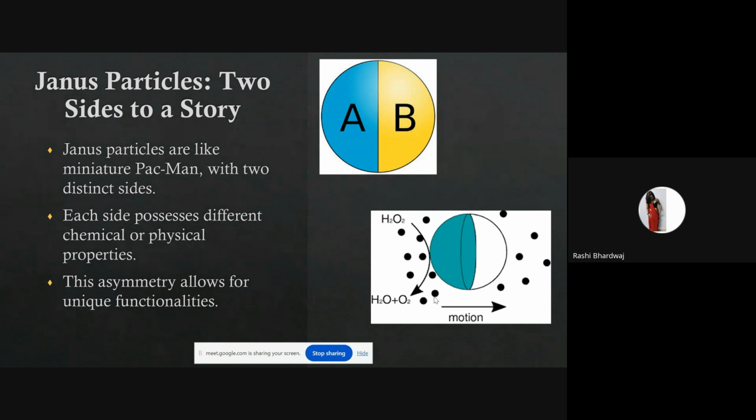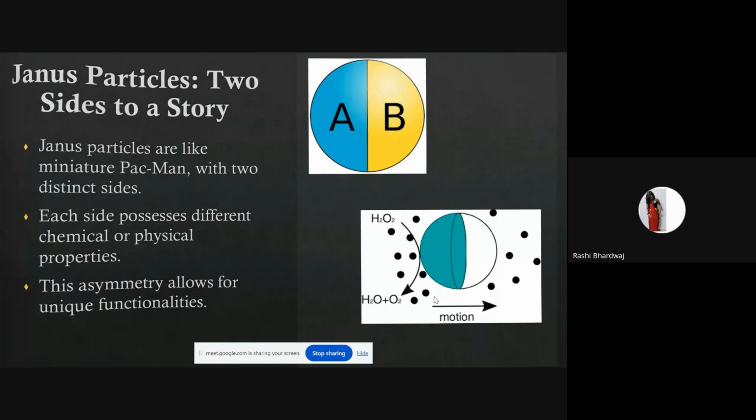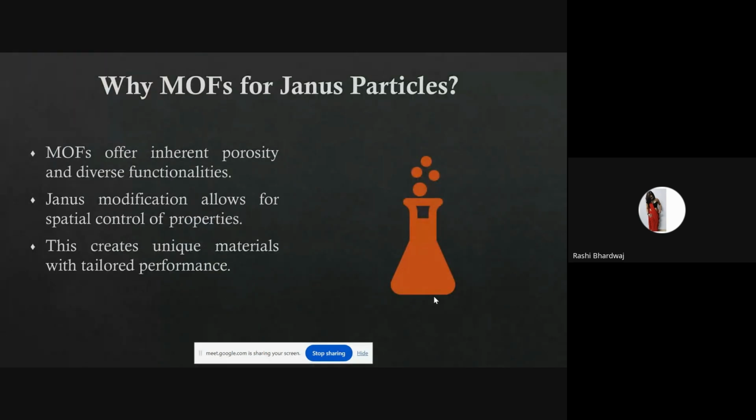For example, if you take it as a catalyst, so why did I choose MOF to make into Janus particles? As you know, they have inherent porosity and diverse functionalities, and this modification allows for spatial control of properties, which creates unique materials with tailored and better performances.